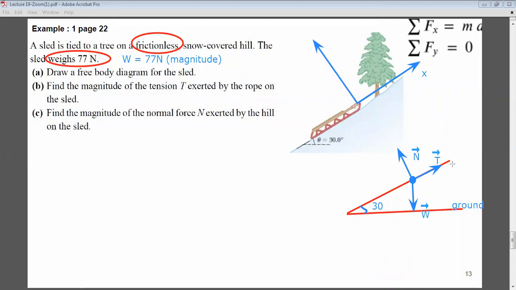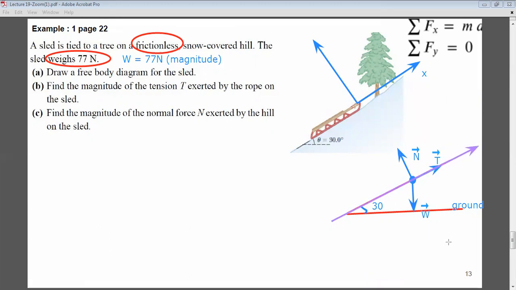So let's put this here on our free body diagram. I'm going to put it in a different color. So the x-axis will be in this way because anyway it's not moving, and the y-axis, okay, so this will be, sorry, this will be the x-axis.